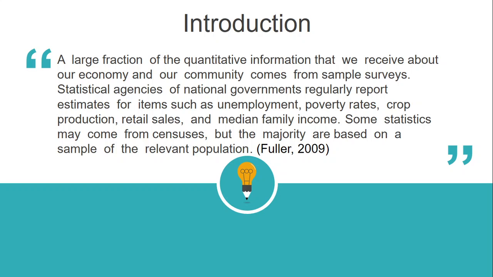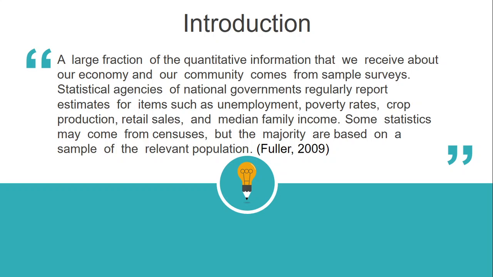It is too difficult to survey and receive a large fraction of the quantitative information about the economy, environment, community, and other aspects of life. That's why we do sampling. Some of the information is provided by statistical agencies, the government, and non-governmental organizations and their reports.